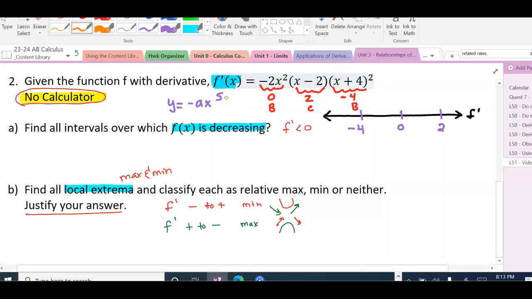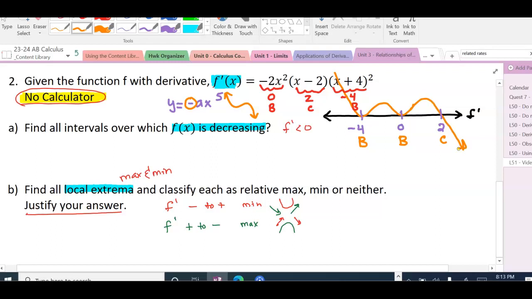So that means my function will go from high to low because of the odd behavior and the negative leading coefficient. And I know that I bounce at negative 4, bounce at 0, cross at 2. So we'll show all that behavior. Coming from above, I bounce some more, and I cross, and that gives the right end behavior.